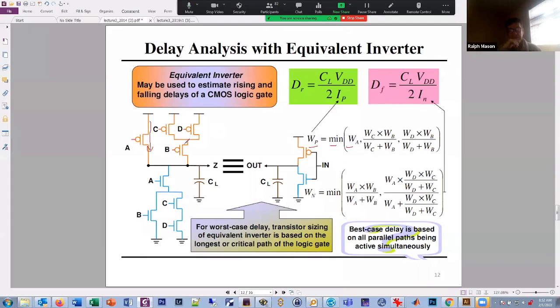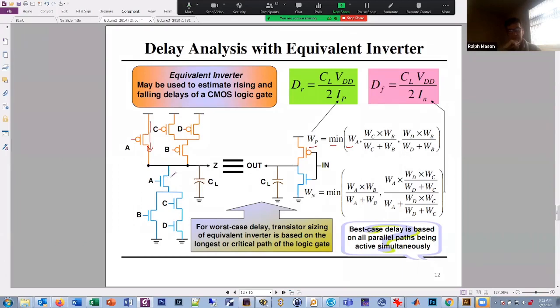For the C and B path, it would be the full formula of WC times WA over WC plus WA, sorry, WC times WB over WC plus WB. And for the B path, it's WD times WB over WD plus WB. So really the worst case delay is the minimum W effective of those three paths.